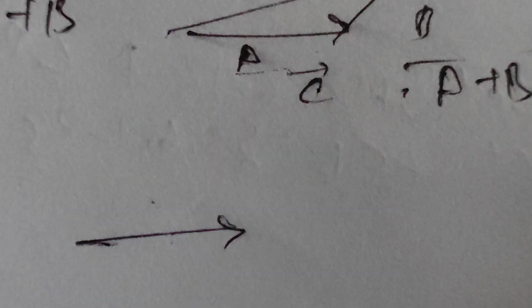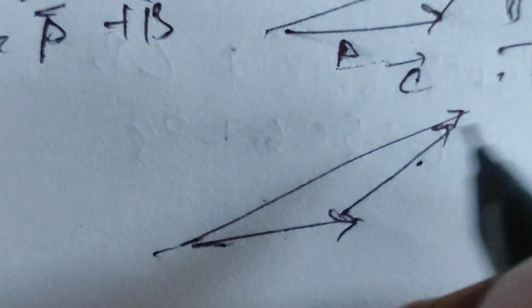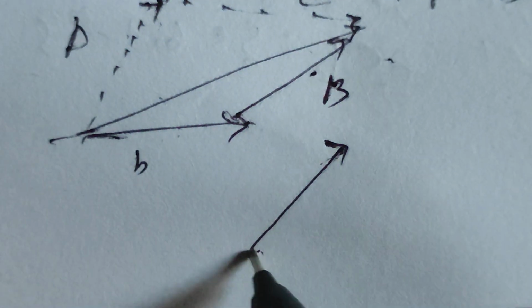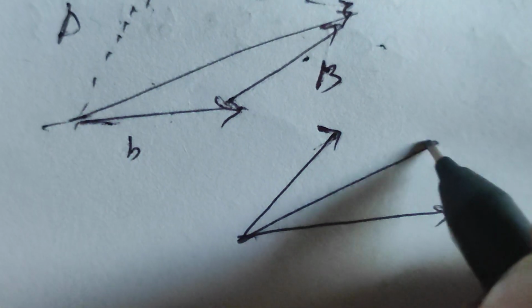This is our triangle law. If we shift this vector that way, this vector is B. Now it becomes the parallelogram law.